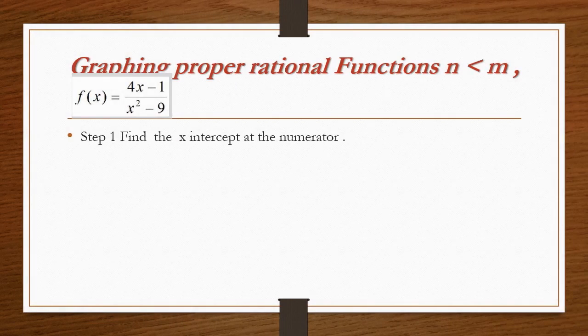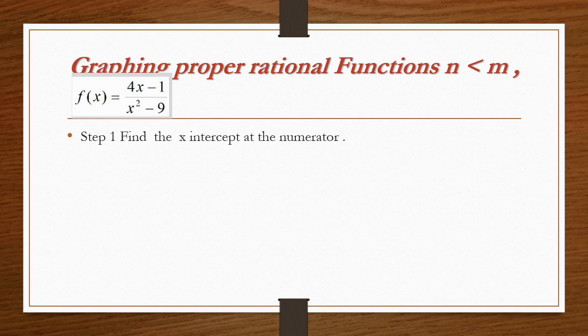We are going to do our first example of proper rational functions. We have the first type where n is less than m, or the degree of the numerator is less than the degree of the denominator. We have the function f(x) equals 4x minus 1 over x squared minus 9.